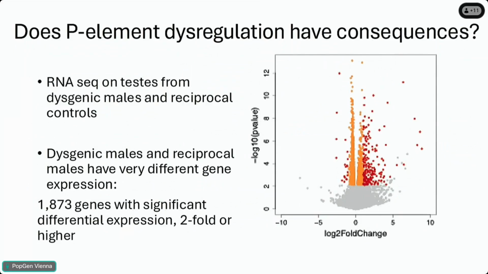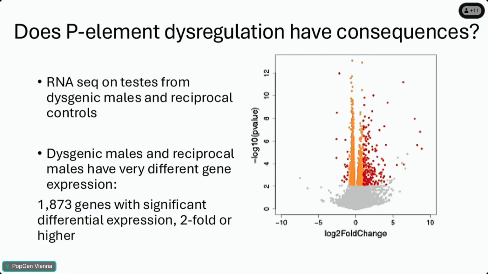However, those testes are made up of a bunch of different cell types, and it could be that some cell types are missing from one of the different kinds of flies, or there's a change in abundance of one cell type versus another. And that could explain why you see lots and lots of difference in gene expression. It's not that each individual gene is regulated differently in dysgenic versus reciprocal flies, but instead that you're just missing a cell type where one kind of gene is expressed or not.